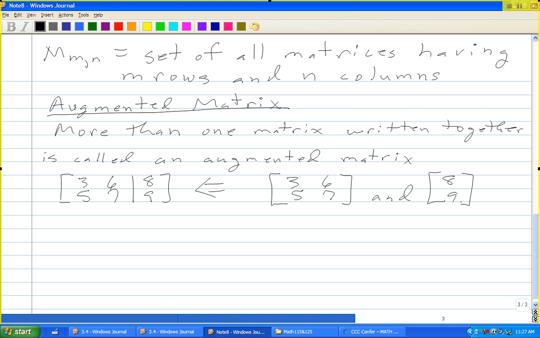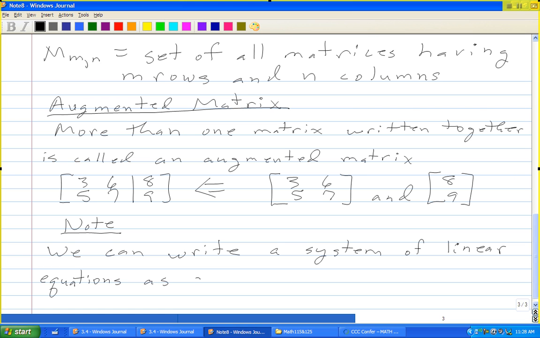So note, you can write a system of linear equations as a matrix.